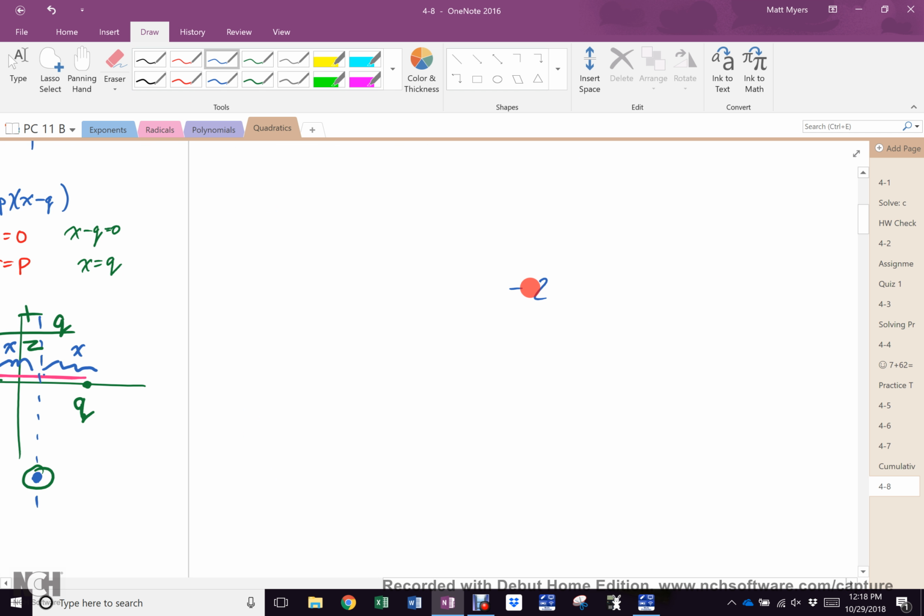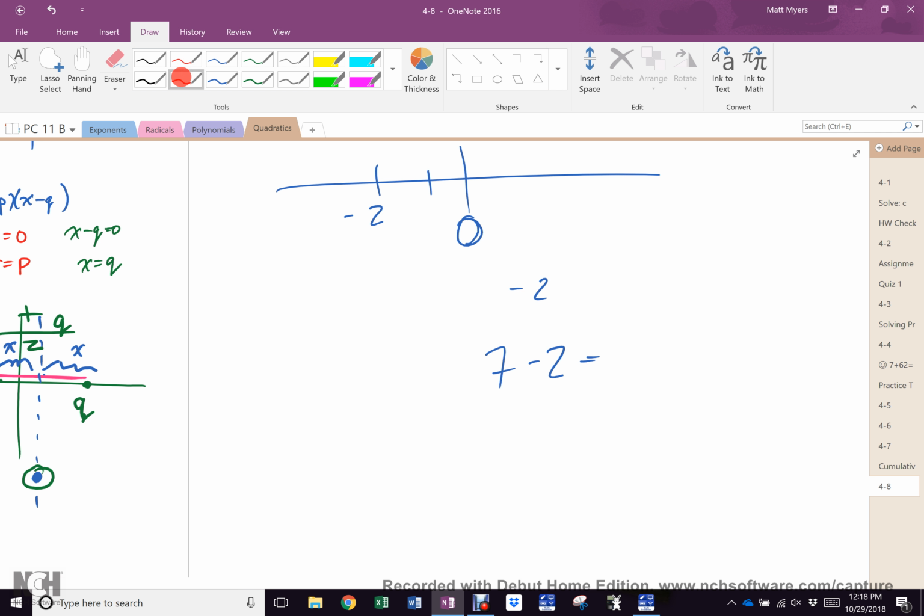This is negative 2. Where is it on the number line? There's 0. Negative 1, negative 2, correct? But I can also use this to show 7 minus 2 in math, can't I? How do I do this on here? Where do I start? I start out here at 7.